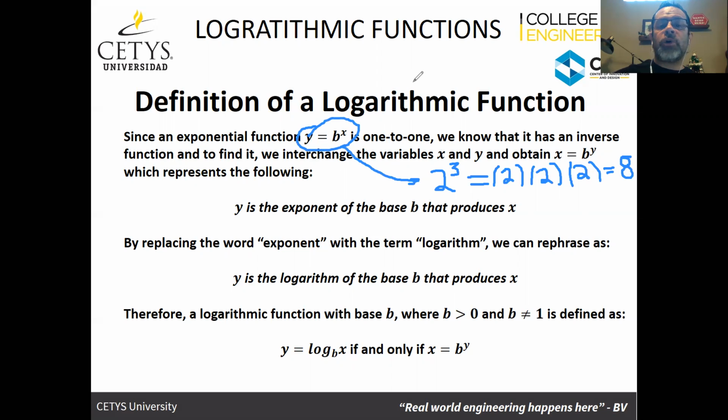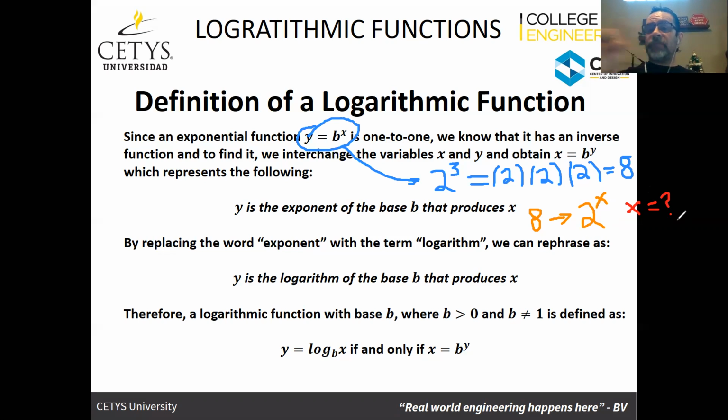Now, what if I told you that I have the number 8, and I want to know what is the number that I would need to elevate 2 to get it, meaning that I want to know what is the value of x.